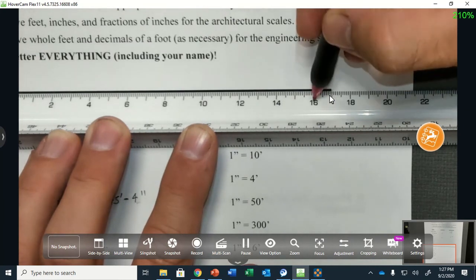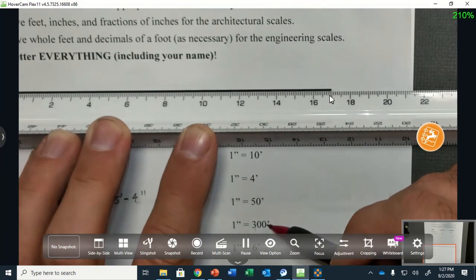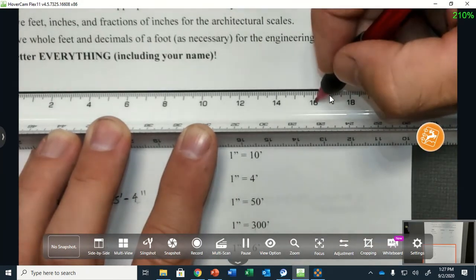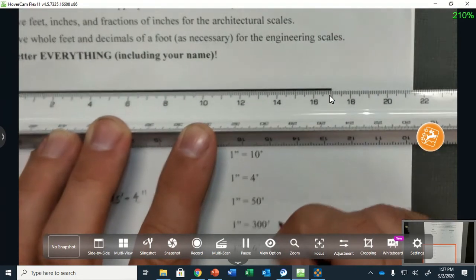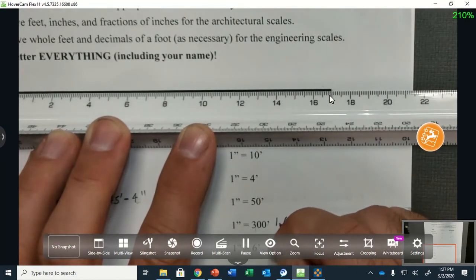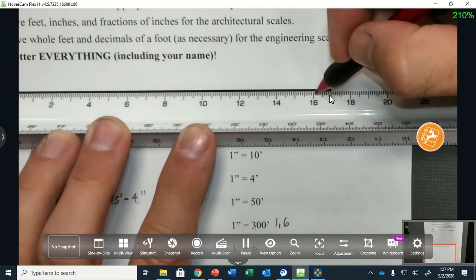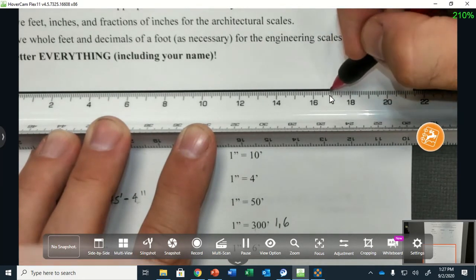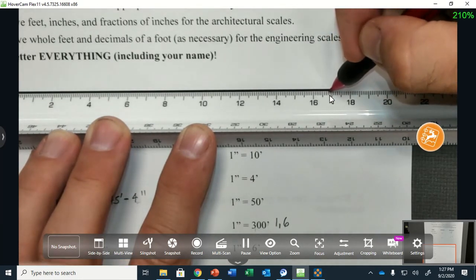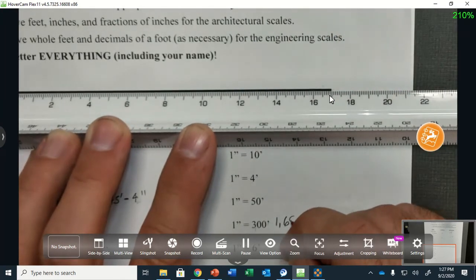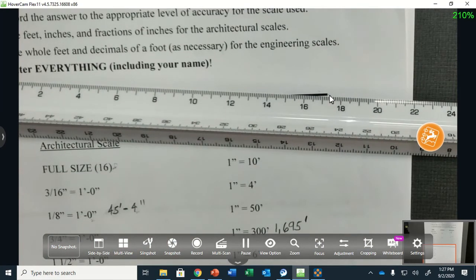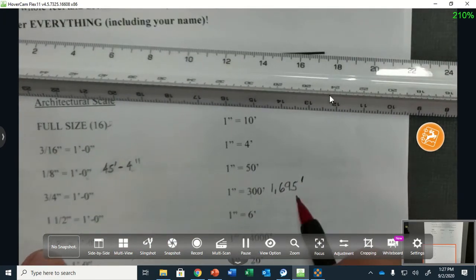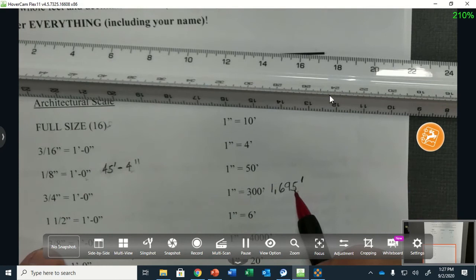I know my scale is 2 zeros, so if I take this number and add 2 zeros, that's 1,600. Okay? So I know it's 600, and then each tick mark is 10, right? 10, 20. So I get to the 90 here, but it's in between. So 5 feet. Okay? I know this has to end in 5 or 0.